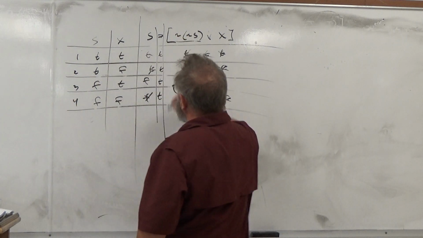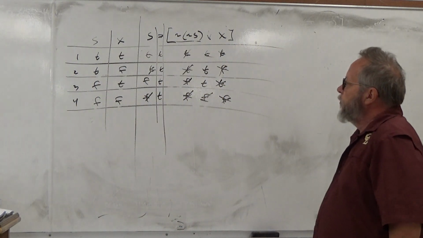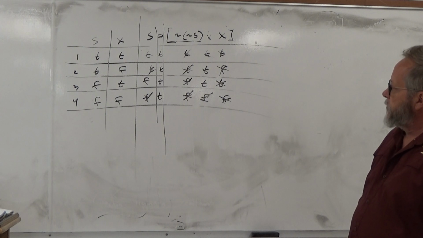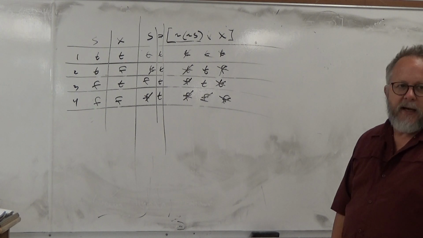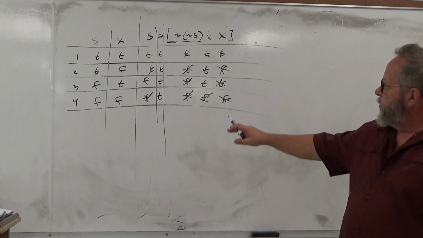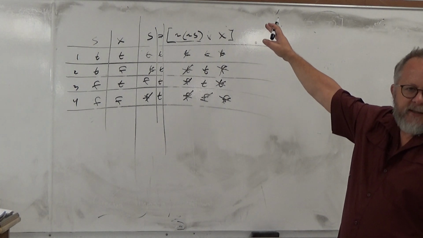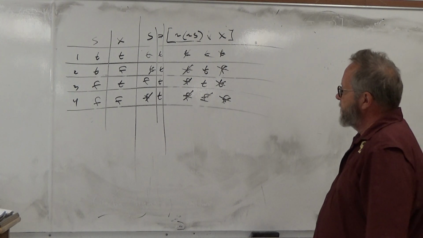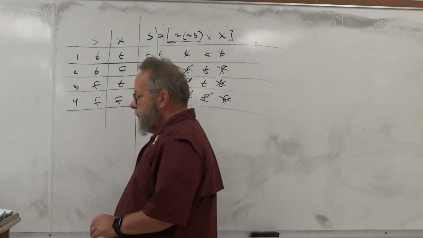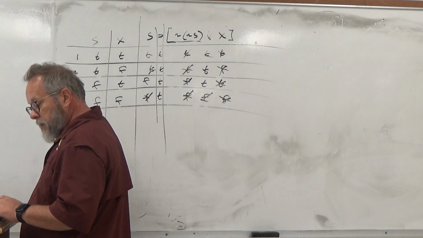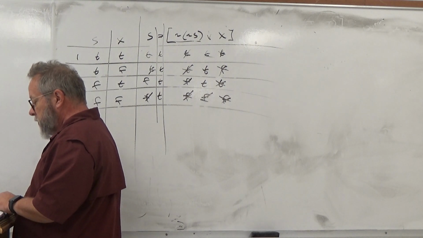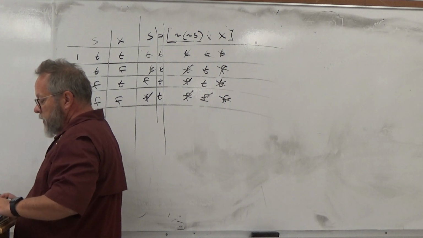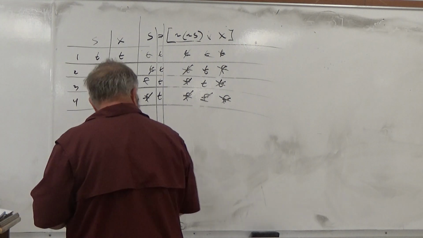So this statement is true for every possible combination of truth values for S and X. If we were going to classify it, what kind of statement is it? Tautology. Right.